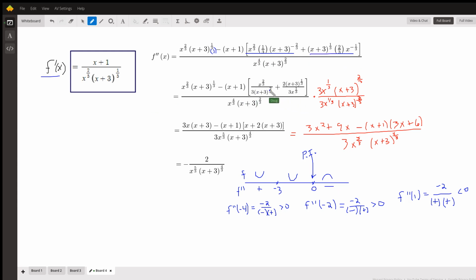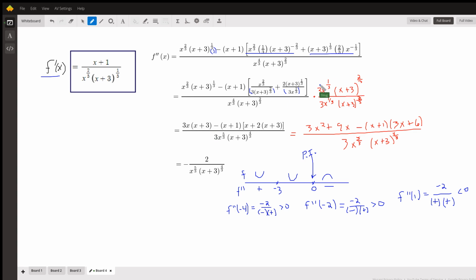If I multiply numerator and denominator of the big fraction by the LCD of all of these two denominators right here, I will clear the equation of fractions. So if I take this 3x to the 1, this LCD times this first term, all the fractional exponents disappear.